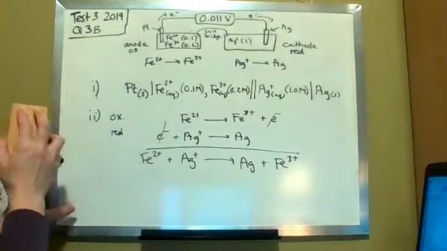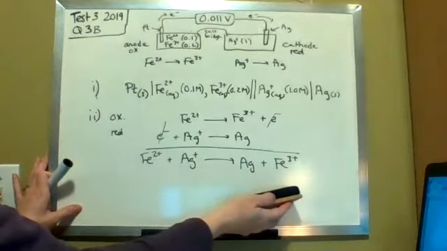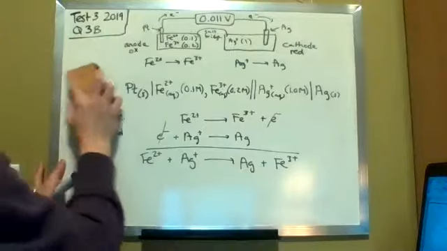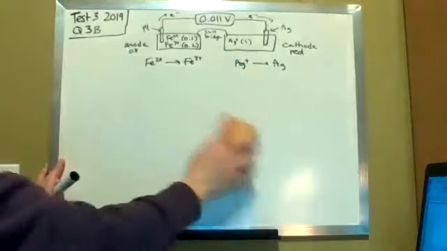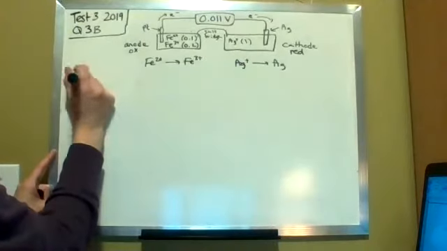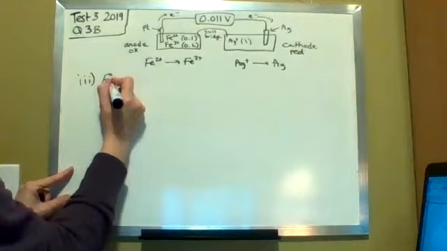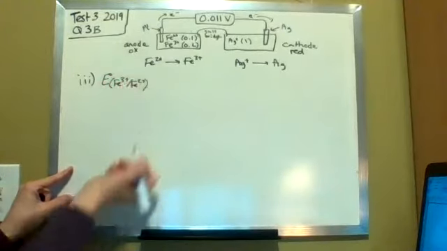Now, in order to go on to part 3, make sure you have that one written down because I'm going to refer to it again in question 3. Okay, so part 3 is asking you to find the reduction potential from the iron 3+ to iron 2+ couple.